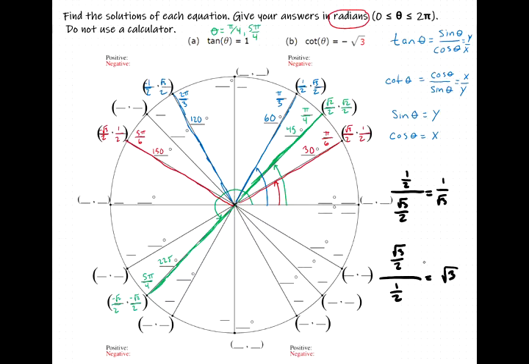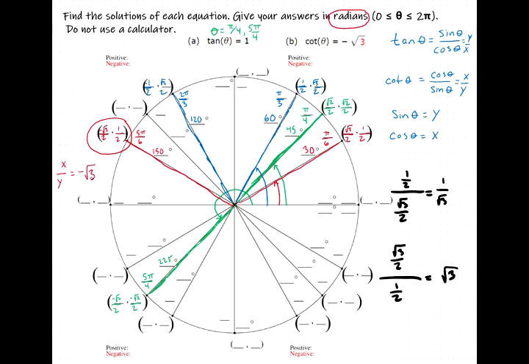So it looks like the x value has to be the root 3 over 2, and the y value has to be the 1/2. So it looks like this point right here, if you take x over y, you get negative root 3 over 2 divided by 1/2, and the 2's cancel, so you get negative square root of 3.